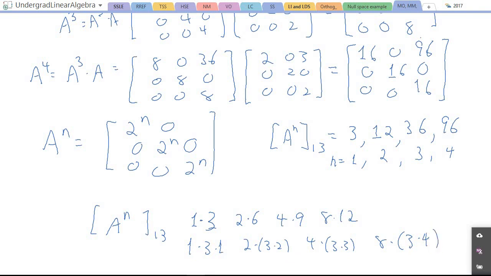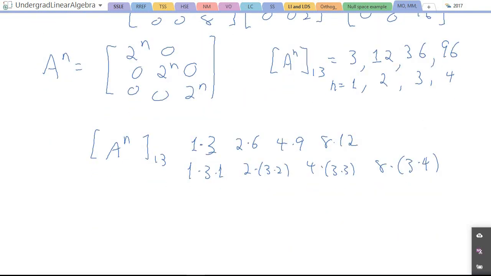All right. So if we look at how this pattern works in general, this first factor is a power of 2. This is going to be 2 to the 0 times 3 times 1. Then this is 2 to the 1 times 3 times 2. And then this is 2 to the 2 times 3 times 3. This is 2 cubed times 3 times 4.